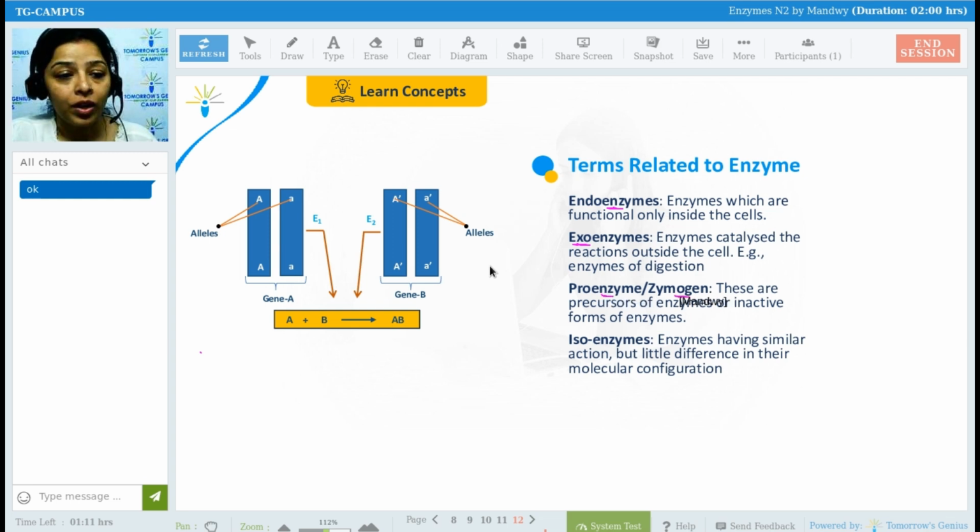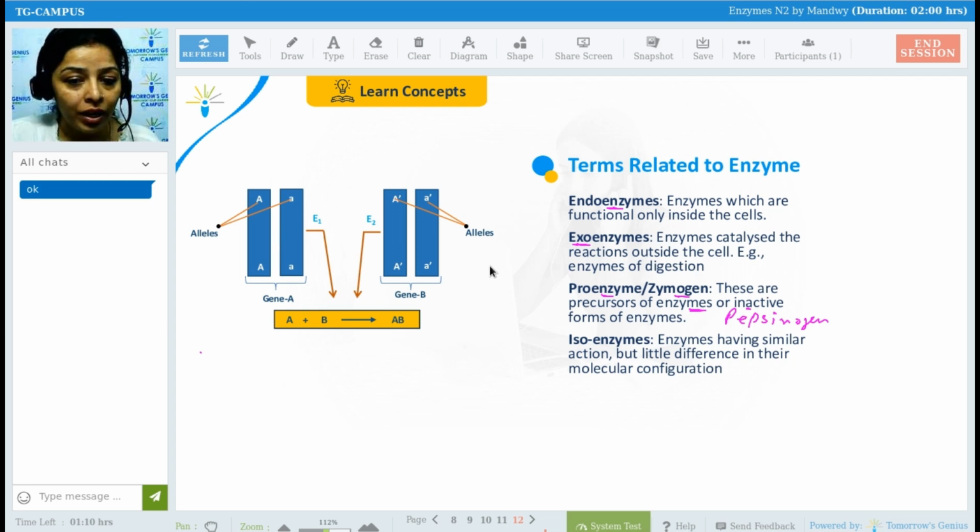Proenzyme, zymogen. Proenzymes or zymogens are the precursors of enzymes, or the inactive form of enzymes. For example, trypsinogen, pepsinogen. They are present but in inactive form, the precursor form. Once they get a suitable environment, they will activate and turn into the active form, pepsin.